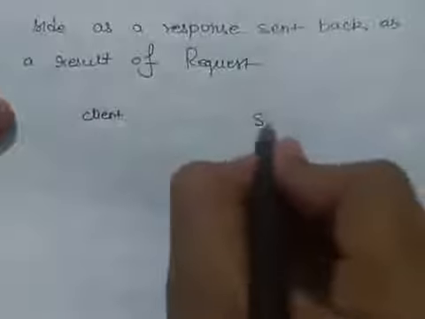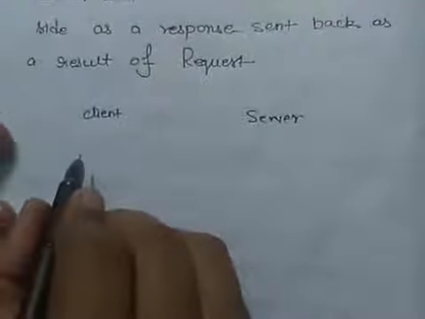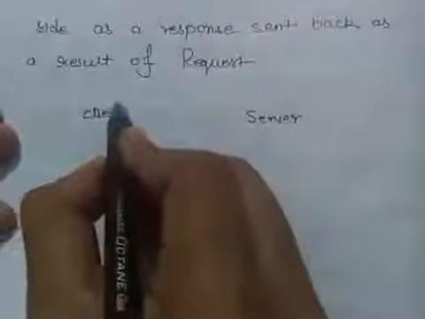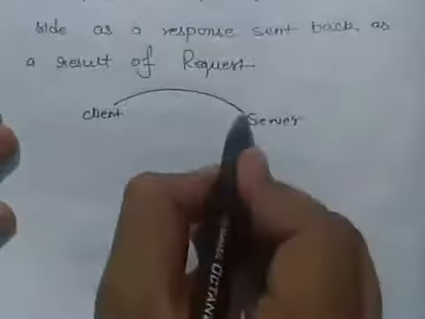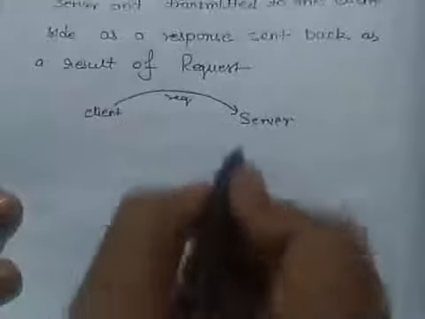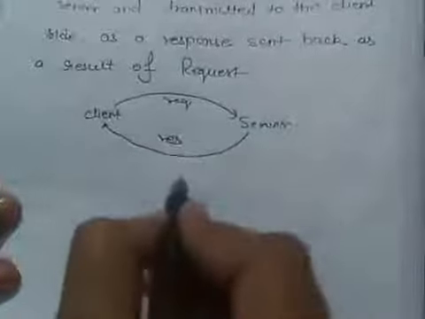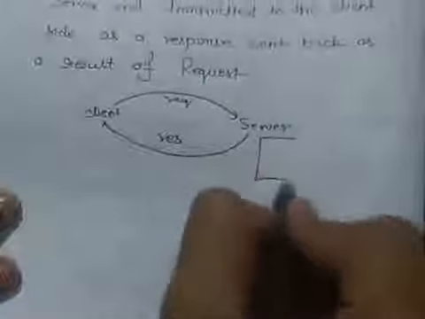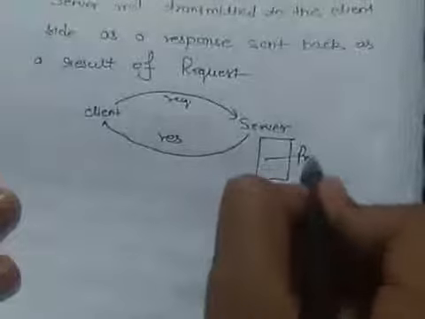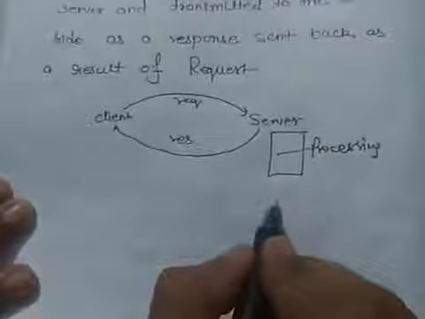Now we can say that we have a client server architecture in internet programming. A client gives a request and the server sends back the response after processing the request.